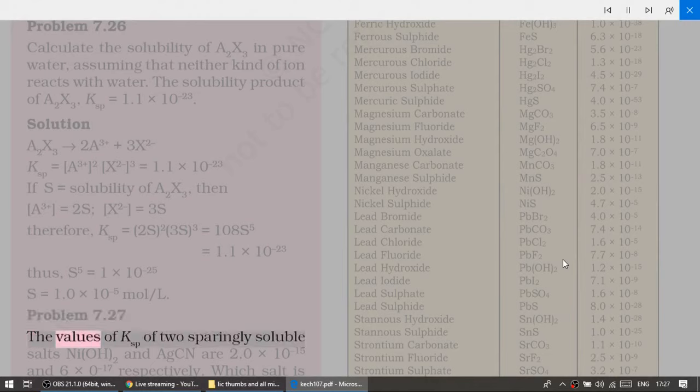Problem 7.27. The values of Ksp of two sparingly soluble salts, Ni(OH)2 and AgCN, are 2.0 times 10^−15 and 6 times 10^−17 respectively. Which salt is more soluble? Explain. Solution: AgCN ⇌ Ag+ + CN−, Ksp = [Ag+][CN−] = 6 times 10^−17.